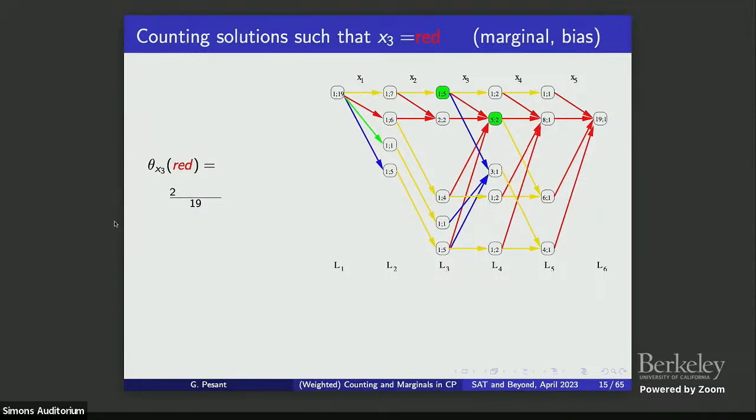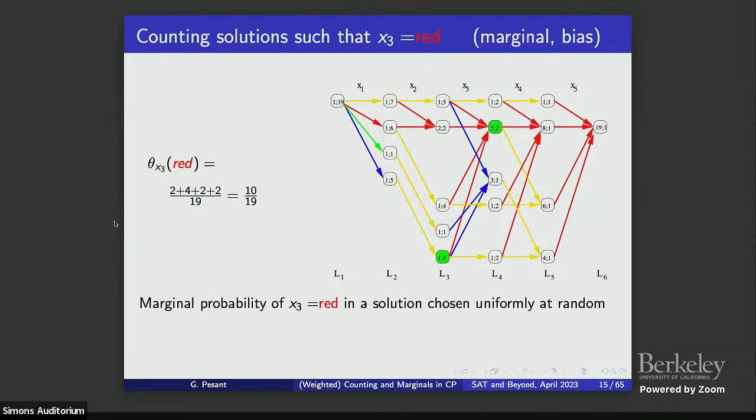Well, you look at this, the first red arc. You take the endpoints. Incoming is 1 times outgoing is 2. That's 2. Then the second red arc, incoming 2, outgoing 2, 2 times 2, that's 4 in all, and so on. And so you find out that you've got 10 over 19 solutions using value red for variable X3.